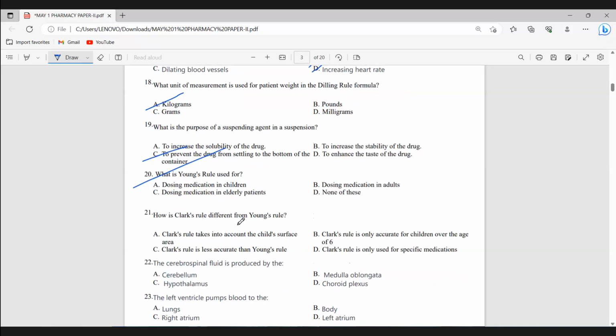And then 21, what is Clark's rule? How Clark's rule is different from Young's rule. Clark's rule takes into account the child's surface area. This is the difference.